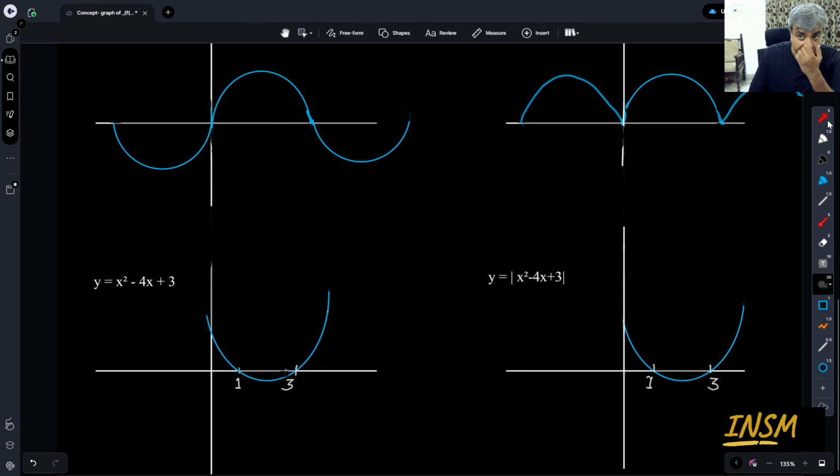Now we take the graph of a normal quadratic, y equal to x square minus 4x plus 3, with its roots at 1 and 3. Now here we have the graph and, as we saw, the portion below x-axis, we take its image on x-axis above it, something like this, and then we delete the portion below it. That's all.